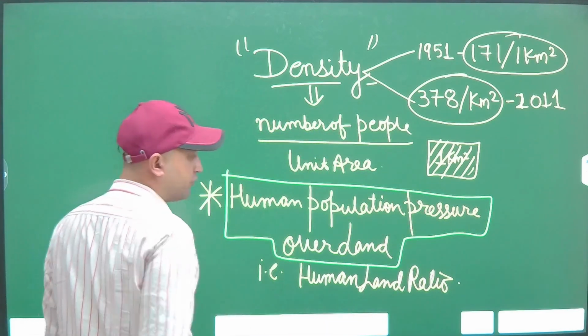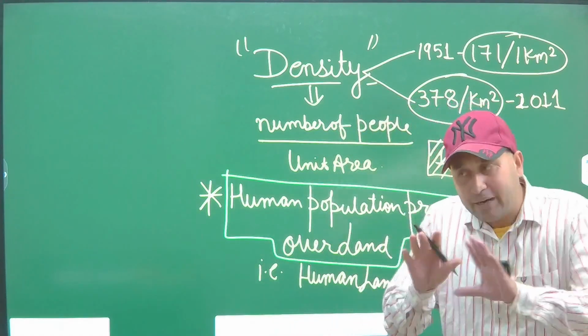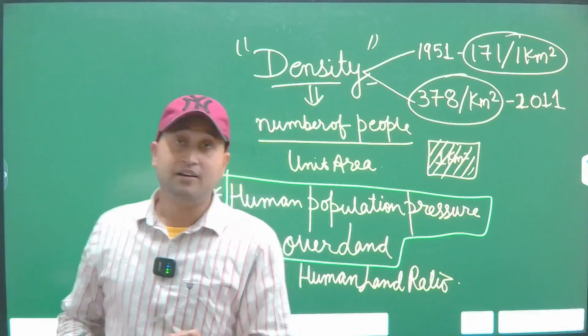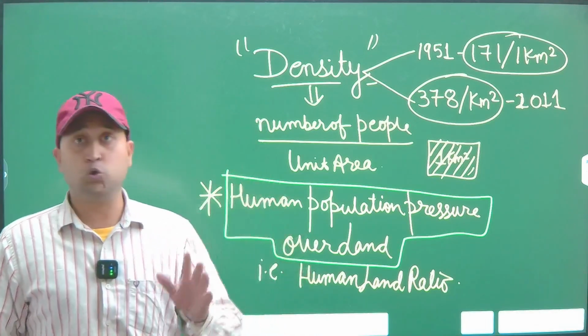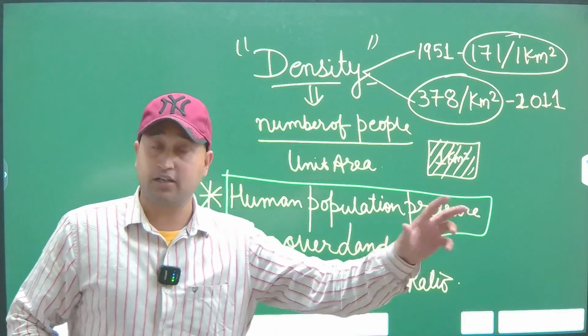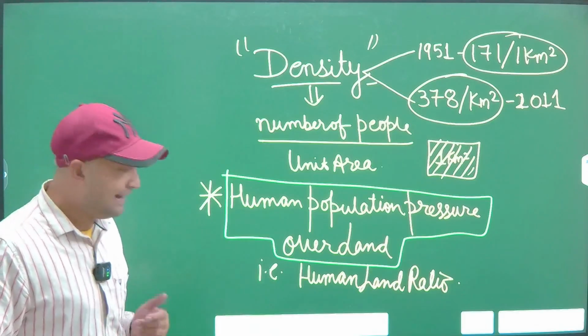Population density is nothing but a tool that gives a better insight into the distribution of population, a better tool to understand the human land ratio or human population pressure over land.